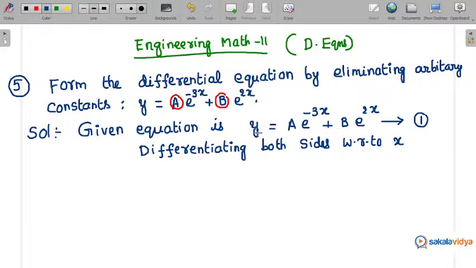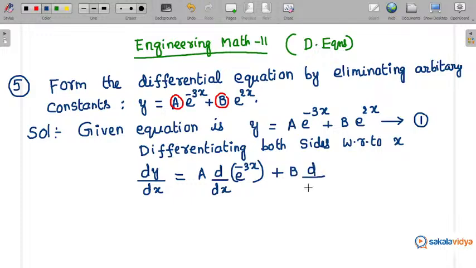So, then what do we get now? Derivative of y with respect to x is dy by dx. Now a is the arbitrary constant, a take common and differentiate e power minus 3x, d by dx of e power minus 3x, plus b times d by dx of e power 2x.